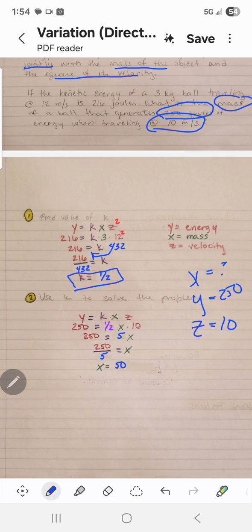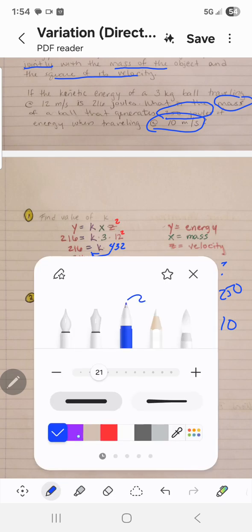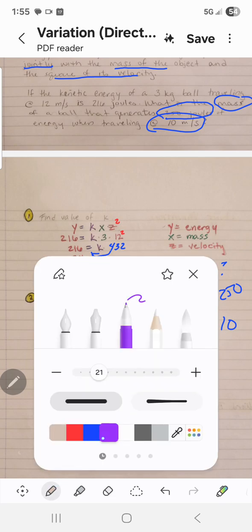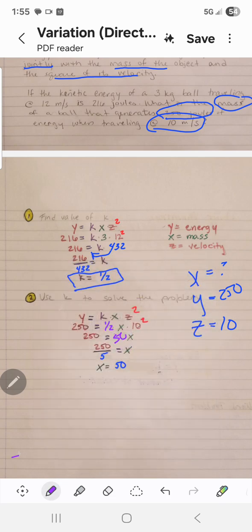So let's go ahead and figure this out. We've got y equals kxz squared. So y equals 250, k is 1/2, x is I don't know, and z squared would be 10 squared. So we've got 1/2 times 100, so that gets you 50.